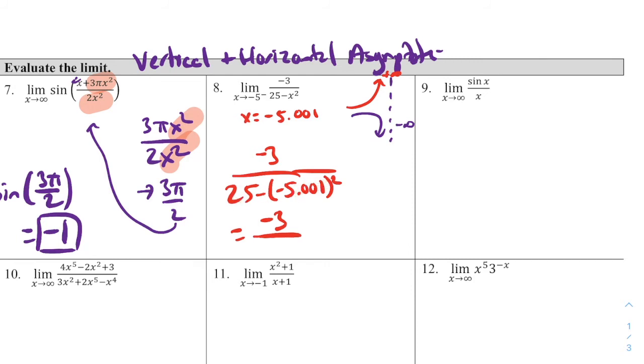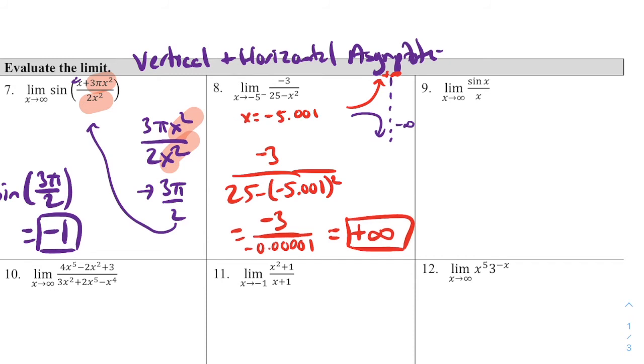So we're going to end up with this negative 0.001 in that denominator. And so we have a negative divided by a negative, and a number that's being divided by a very, very small number. This is going to be going towards positive infinity because those negatives are going to cancel each other out.